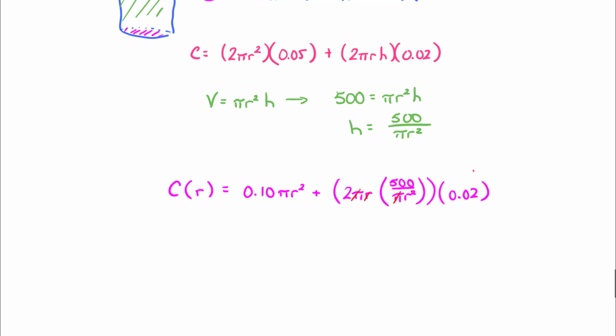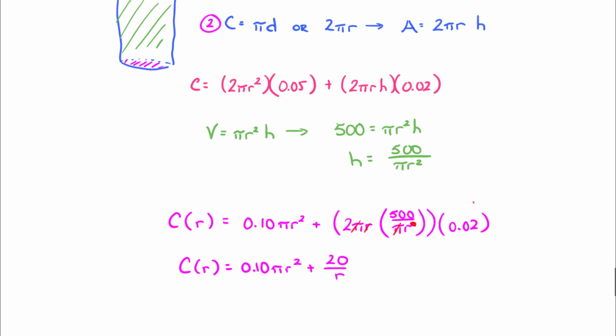With our radius, we'll lose one of those, and we're going to end up with 1000 times 0.02, which will give us 20 over r. So now we have this simplified form of our equation: 0.10 pi r squared plus 20 over r. And so now we have a cost function in terms of the radius that we can use to finish out and answer the remaining questions on this problem.